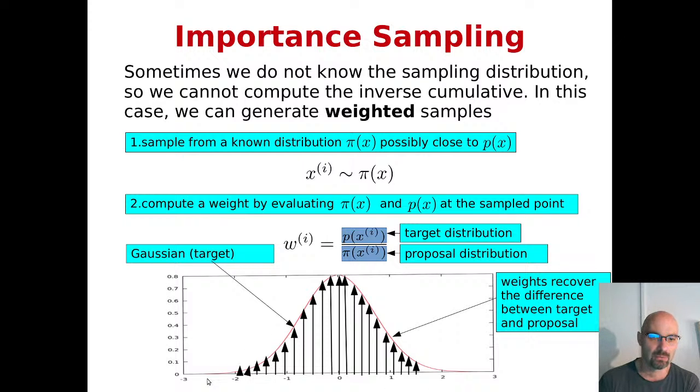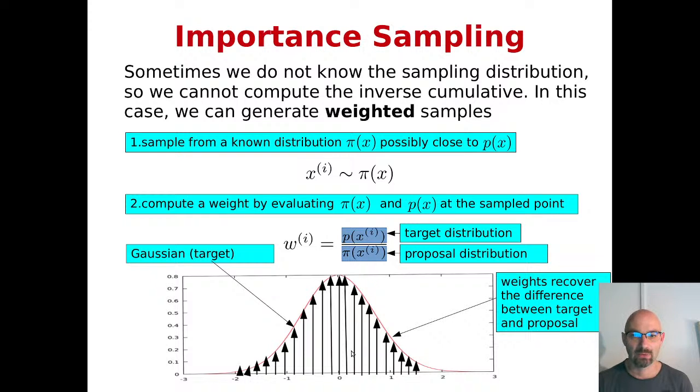According to this shape, I will have substantially fewer samples here than here, because in this second part of the distribution I have a higher value, so I'm drawing more from that part. Accordingly, here I will draw fewer samples than here.